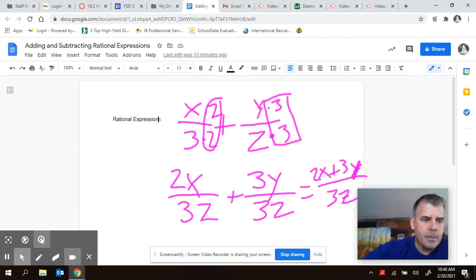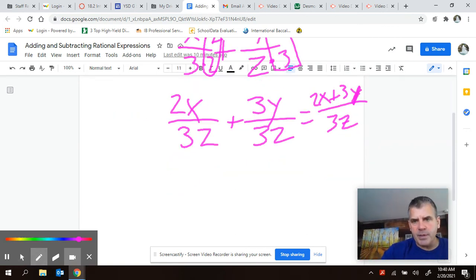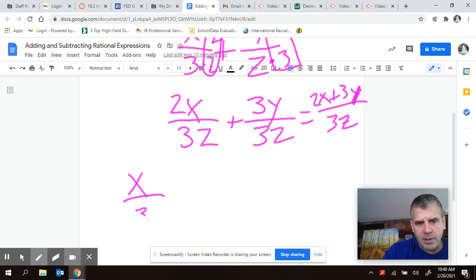Now, how about subtracting the two of them? Doesn't change. Same process, except now we're going to end up with subtraction on top. I'm going to use the same basic setup, sorry, it's not an equation, but this set of two rational expressions. Would I have y over z there? Just want to confirm your process here.